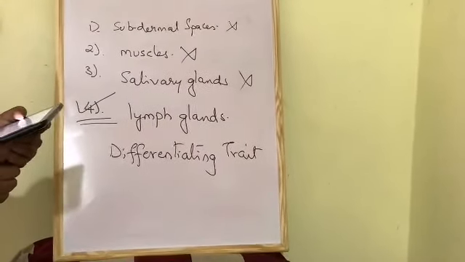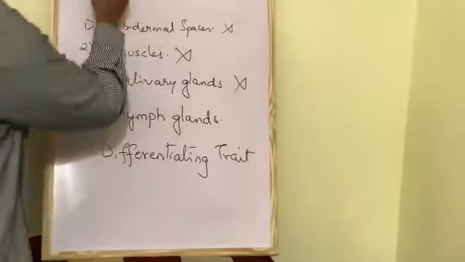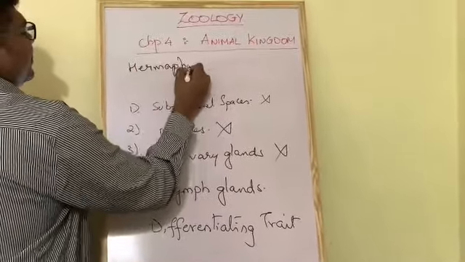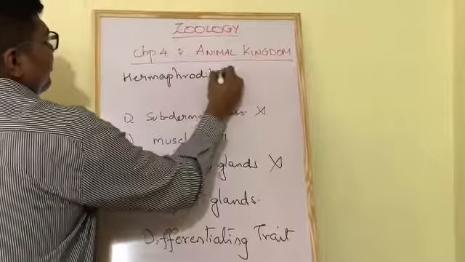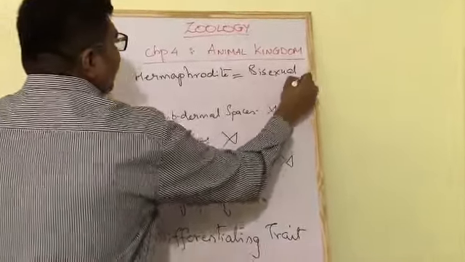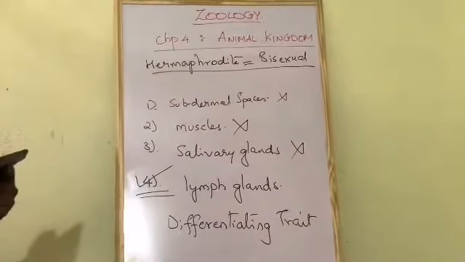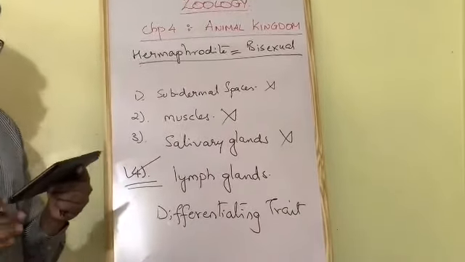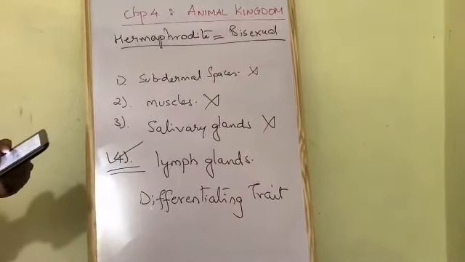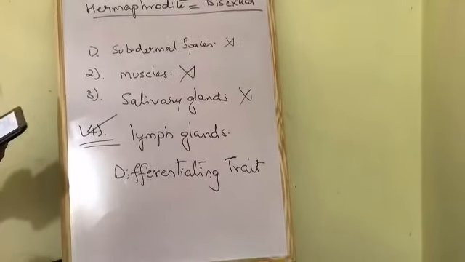Fourth option says hermaphrodite and pseudocoelom. Now hermaphrodite means bisexual. Hermaphrodites are bisexual. So in the bisexuals, there is no question of differentiating them. So option number 4 in question number 10 is gone.